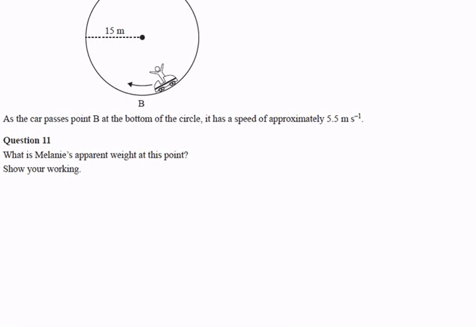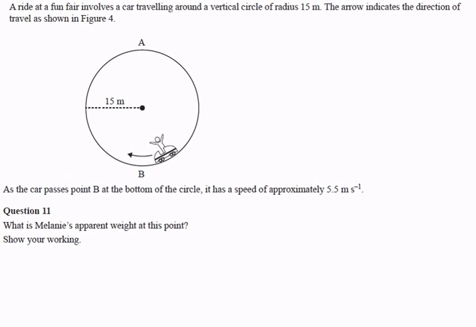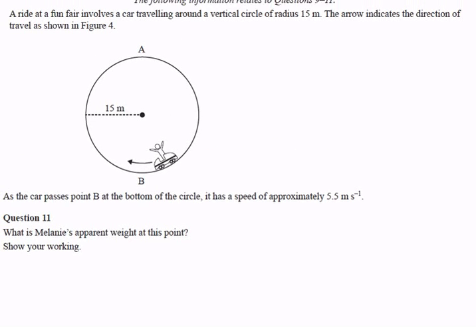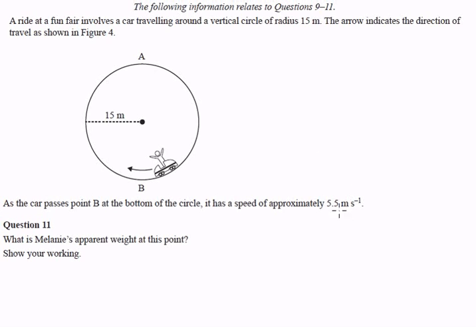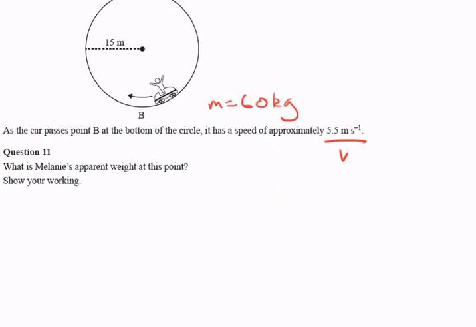Alright, she's now past this point B at the bottom of the circle, and the cart has a speed of 5.5, so that's the radius here, and Melanie's mass from the last question was 60 kgs. So what's Melanie's weight at the point down the bottom B? I'll show you working. The first thing we've got to do is work out the total force on her.